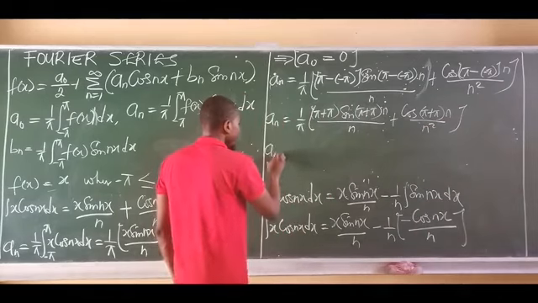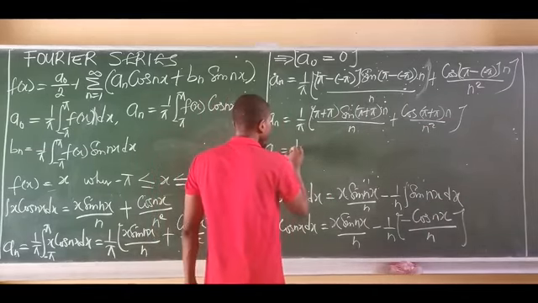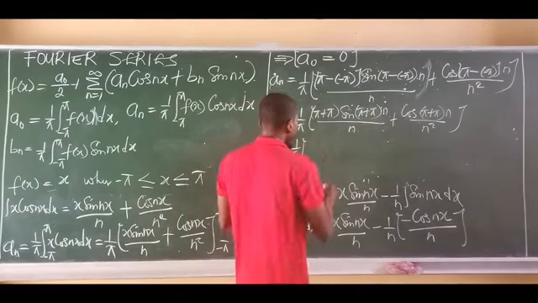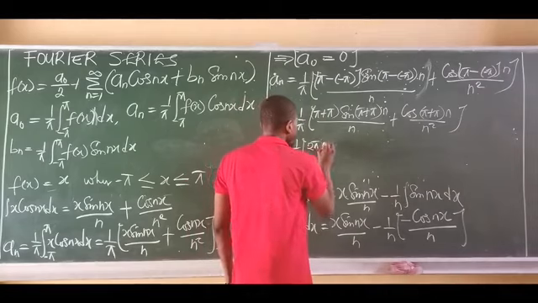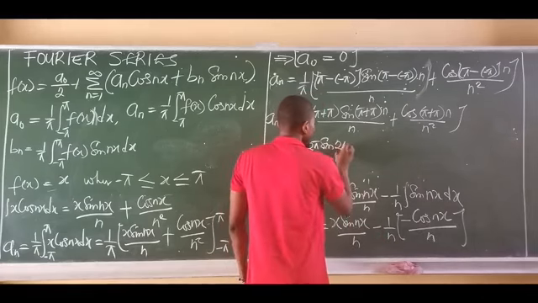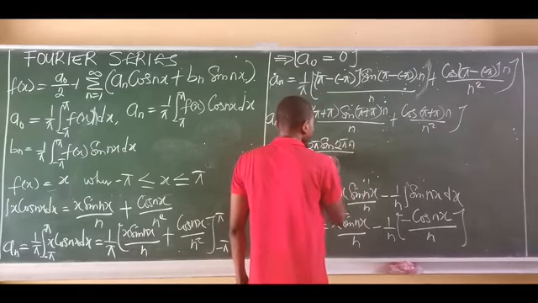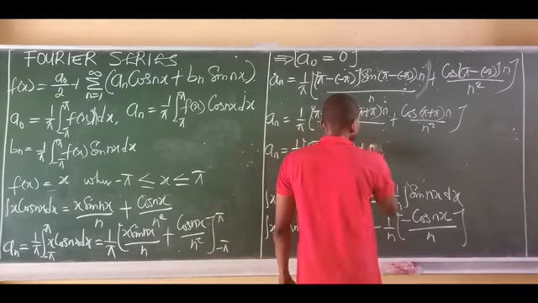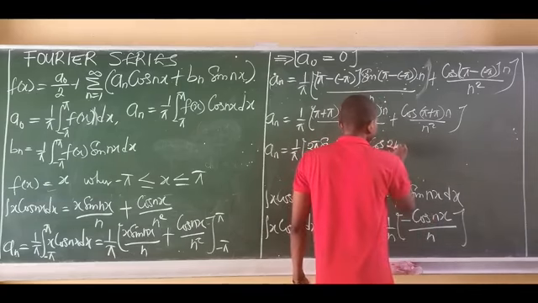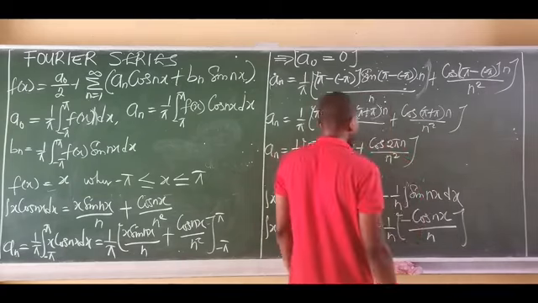So an is now equal to 1 all over pi into pi plus pi, of course, is 2 pi, sine, same thing here, pi plus pi is 2 pi, so we have sine 2 pi n all over n plus cos 2 pi n all over n squared.